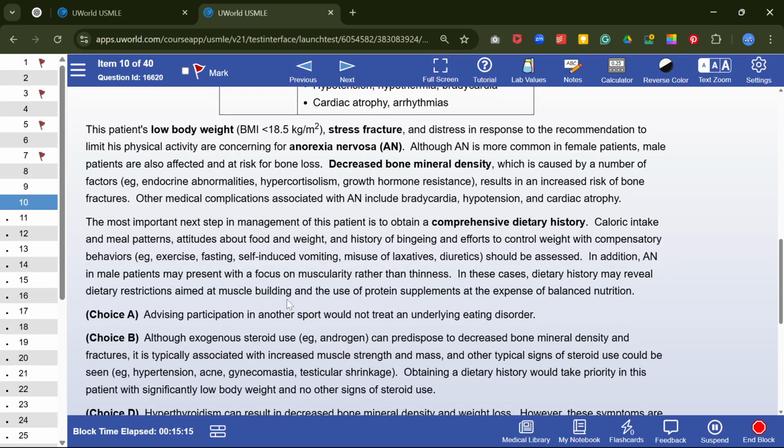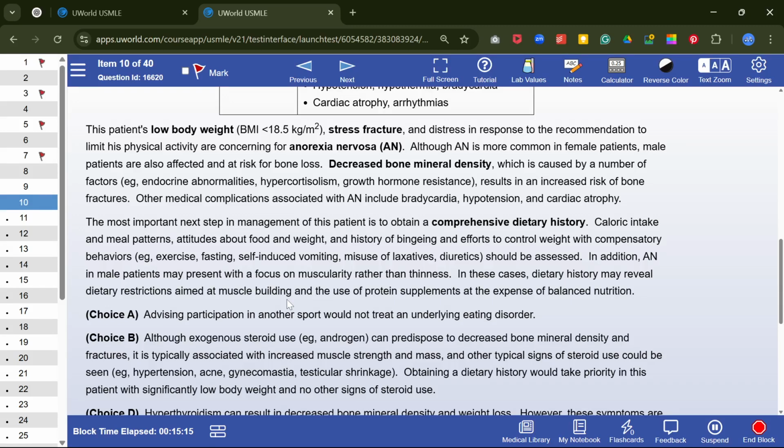These patients have low body weight, BMI less than 18.5, stress fracture, and distress in response to recommendations to limit physical activity, which are concerning for anorexia nervosa. Anorexia nervosa is common in female patients.